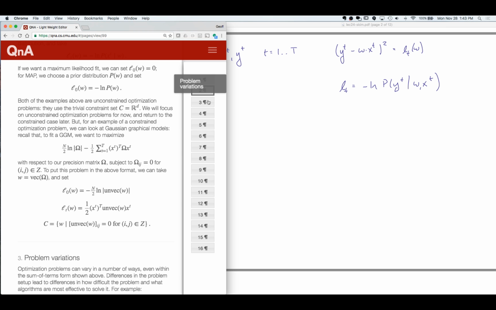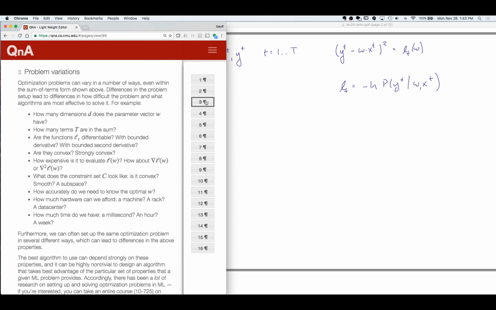All right, so there's a lot of different variations that we can make of this problem. And of course, differences in the setup lead to differences in how difficult the problem is, and also what algorithms are most effective to solve it. So a full treatment of the different variations and all the different algorithms is probably beyond the scope of what we can do in this course.